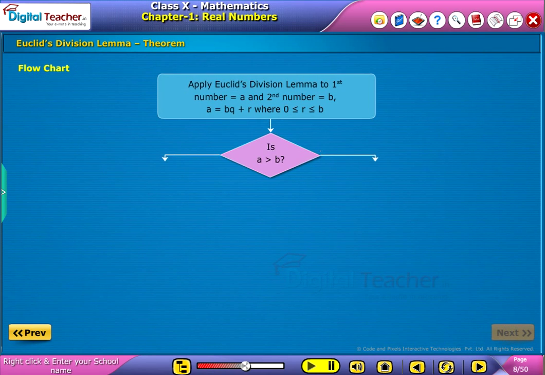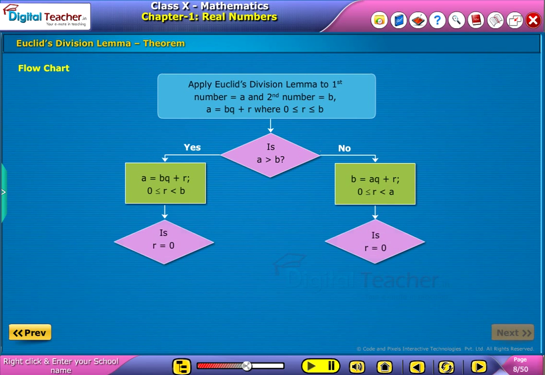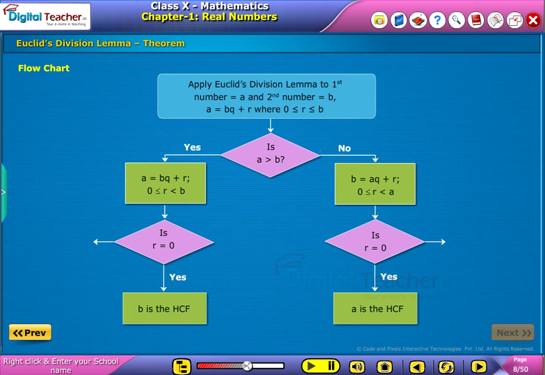Here, let us see sequentially in the flowchart the steps to find the HCF.